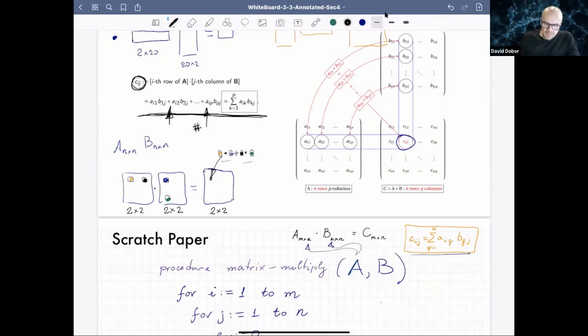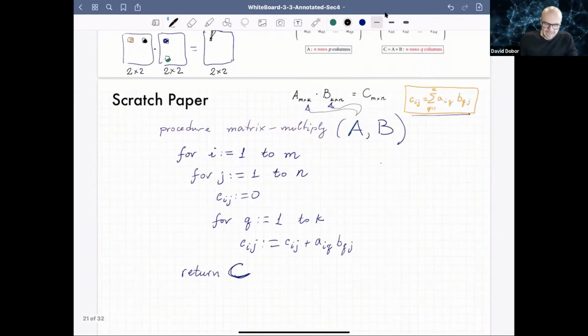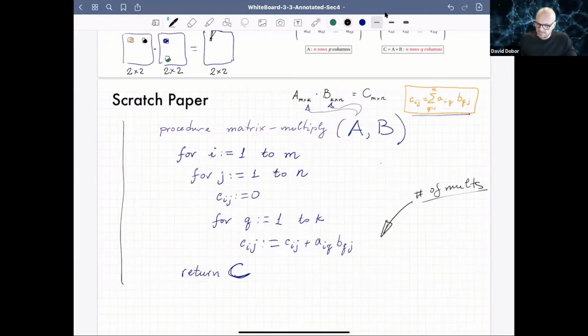So why do we need all of this? We want to account for the complexity of this procedure in terms of the number of multiplications. The number of mults that I have is, help me out.